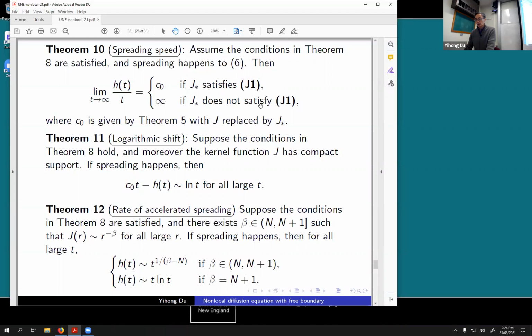The rate of convergence to infinity is like that when beta is in this range, and when beta equals n plus 1 it is t log t.